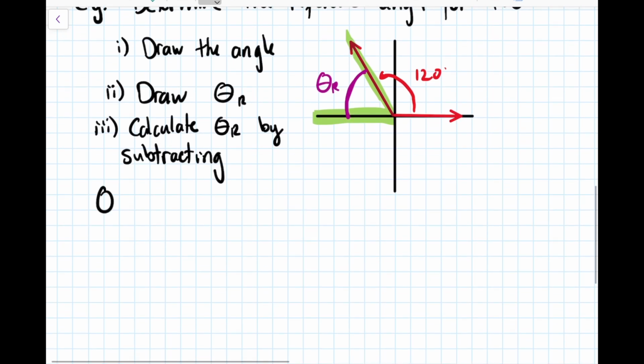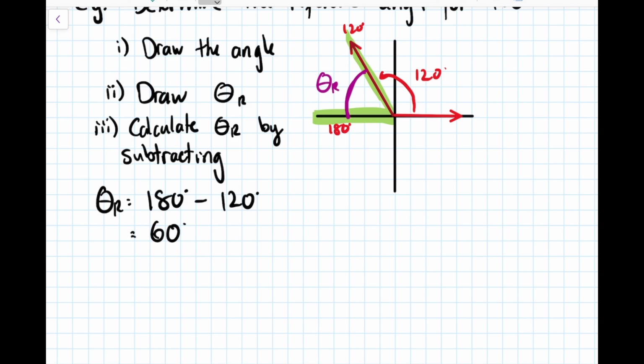So we're going to do theta r is 180 degrees minus 120 degrees. So it's the part of the x-axis that we went to, right? So this was 180 minus where our terminal arm was, which was at 120. And so we subtract those two things, and we end up with our reference angle of 60 degrees.